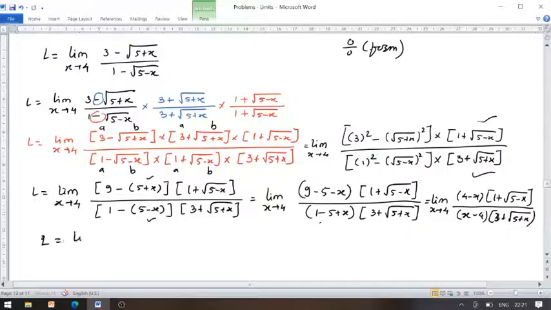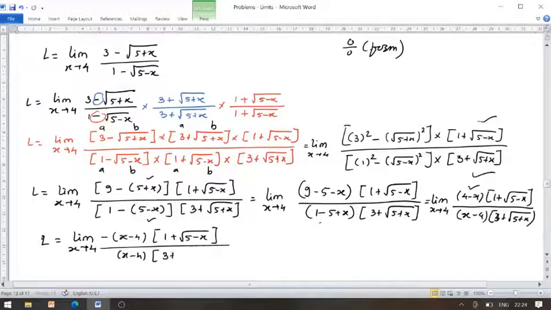Now let L be the limit as x tends to 4. Once x tends to 4, x minus 4 is a factor of both numerator and denominator. The minus sign from the first factor of the numerator is taken common. We get minus of x minus 4 times that irrational factor 1 plus root of 5 minus x, whole divided by x minus 4 into that irrational factor 3 plus root of 5 plus x.